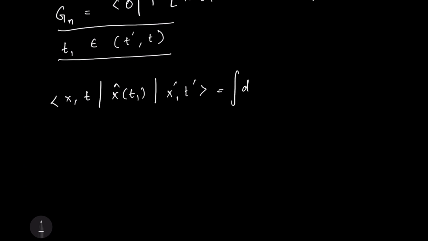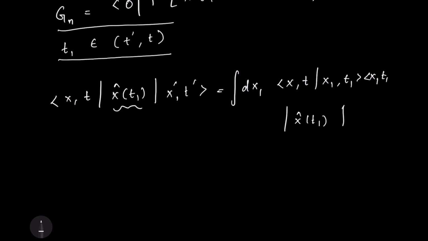So integral dx1, right? I have x t already here. Now I am bringing in x1 t1, then I have x of t1 as it is from here, and then I have x prime t prime.